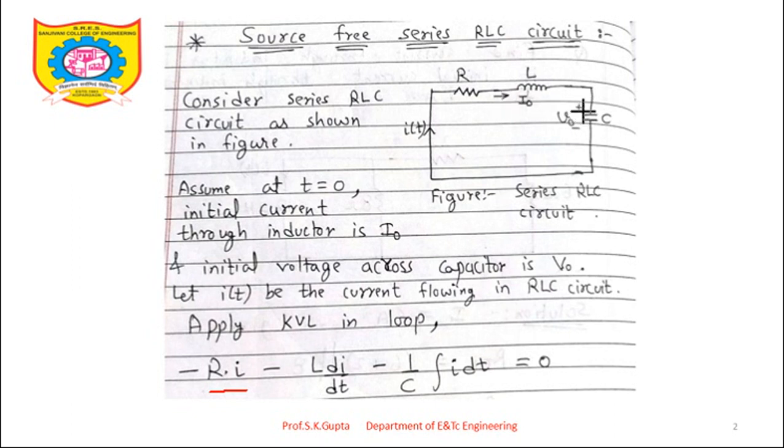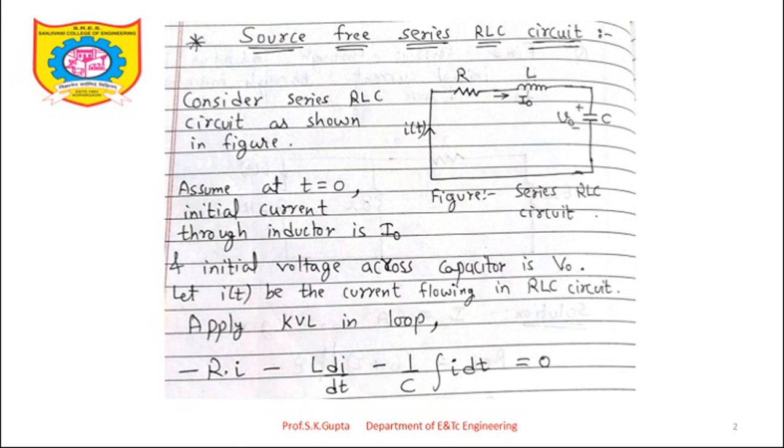Then voltage across capacitor is 1 by C integration i dt, and because the direction is plus to minus, minus sign will come. Now you can take the minus sign common and transfer it to the other side. So the equation will be Ri plus L di by dt plus 1 by C integration i dt equal to 0.